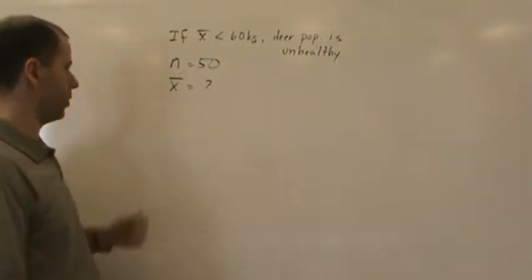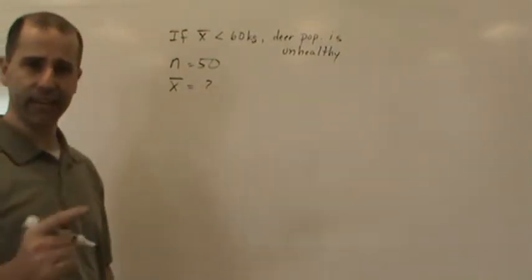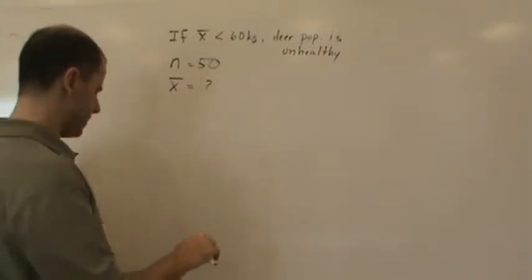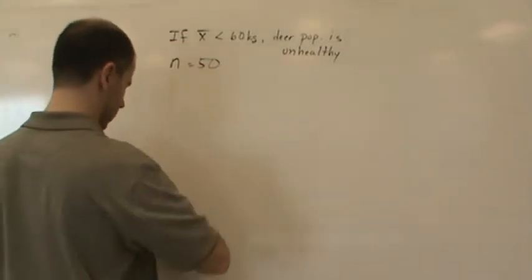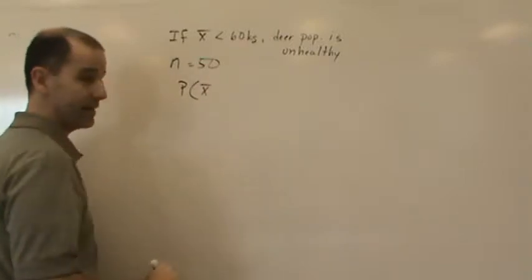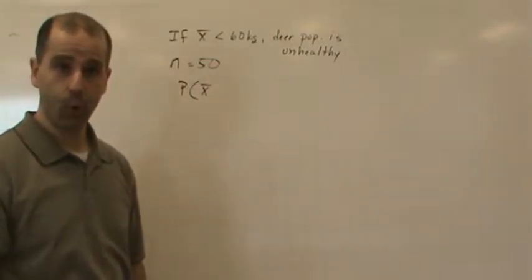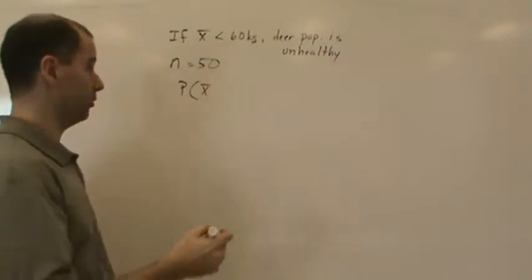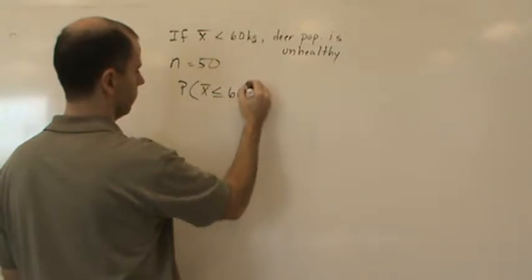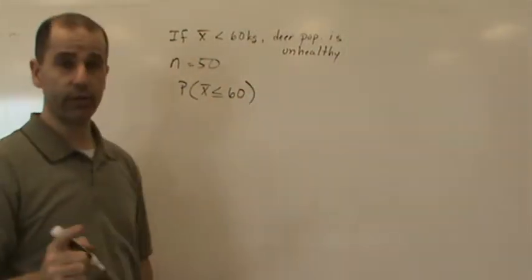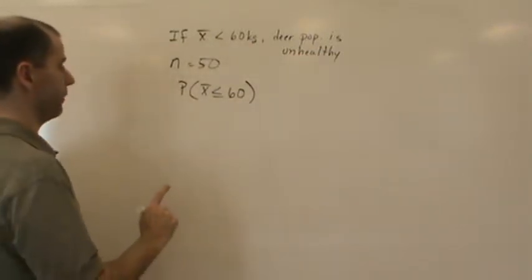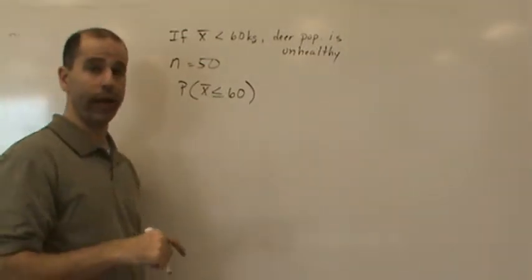So now what we said was, what is the probability of getting such a sample, one that has an average weight of less than or equal to 60 kilograms? Remember, this was Chapter 7. In order to calculate this probability, we had to know the distribution.